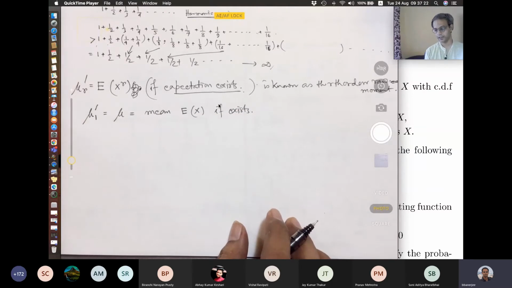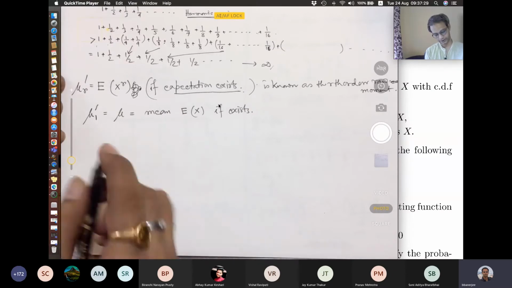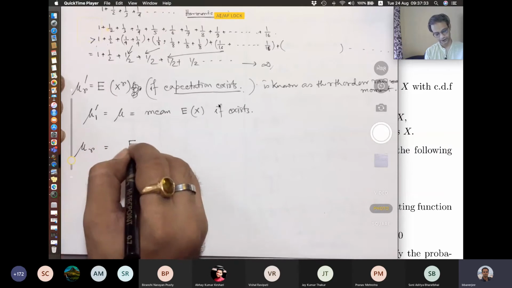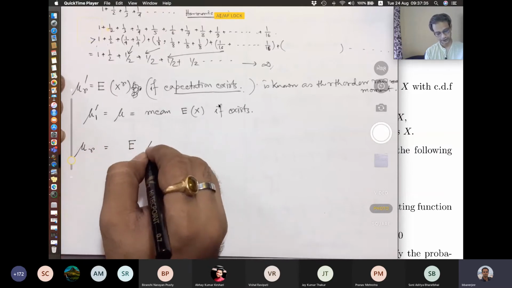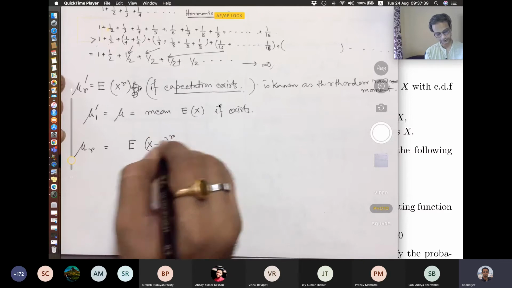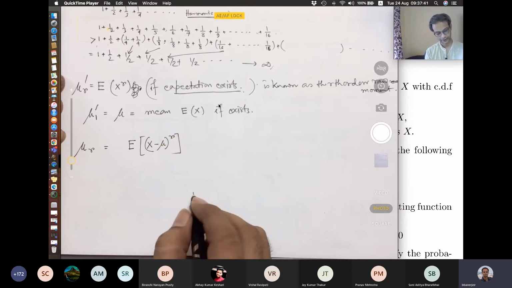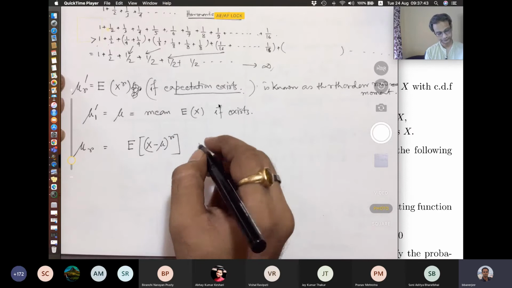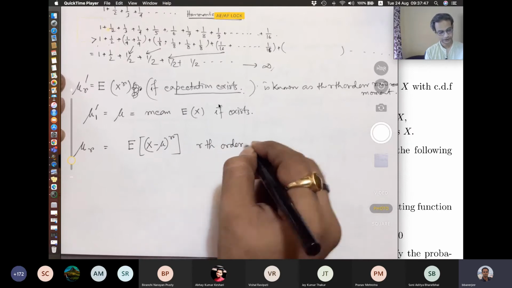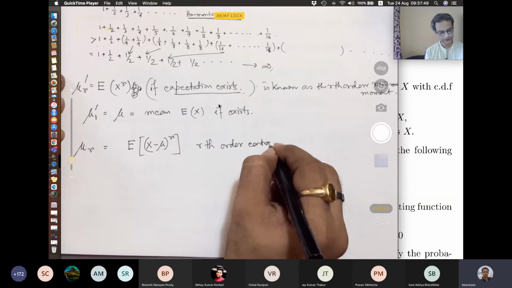Now when we have the notion of rth order raw moment, another notion is there, which is mu r, which is expectation of x minus mu whole to the power r, which is known as the rth order central moment.